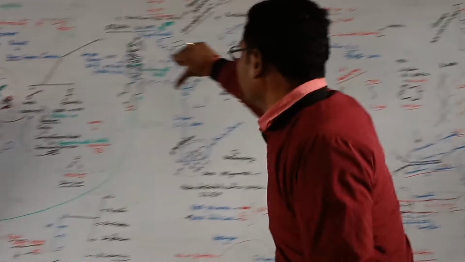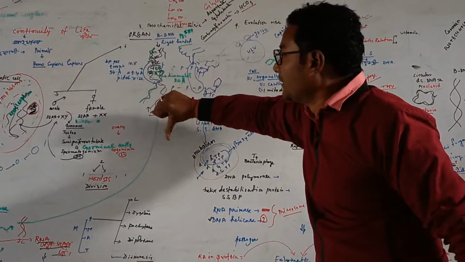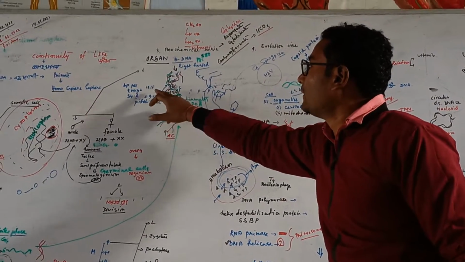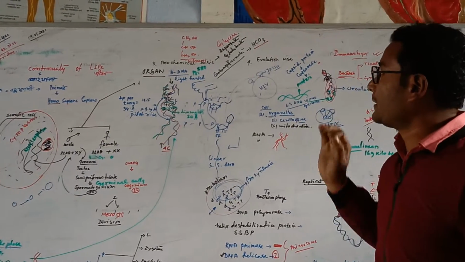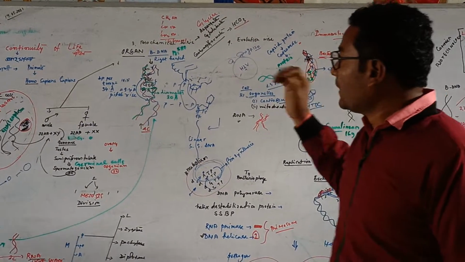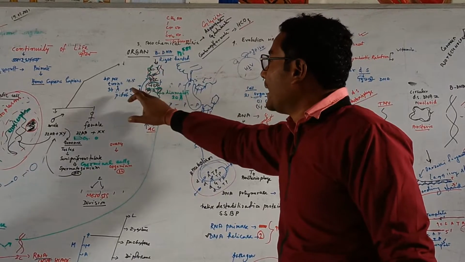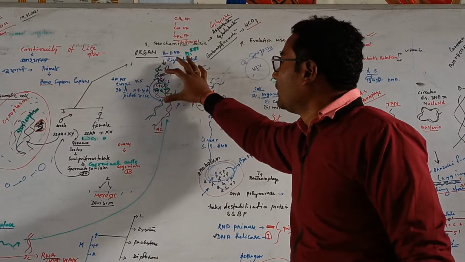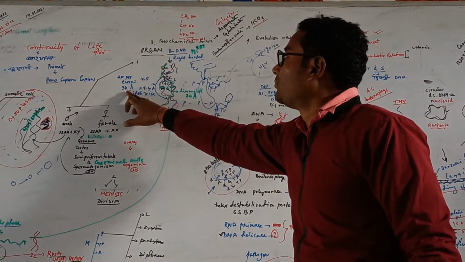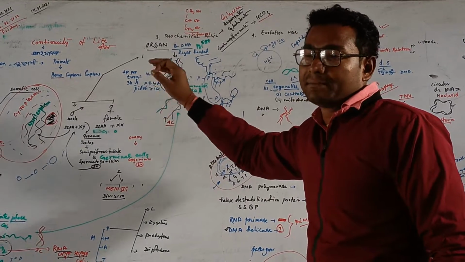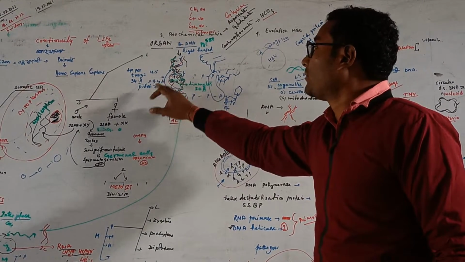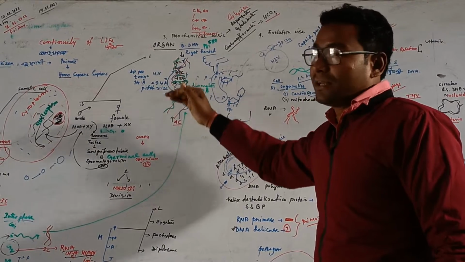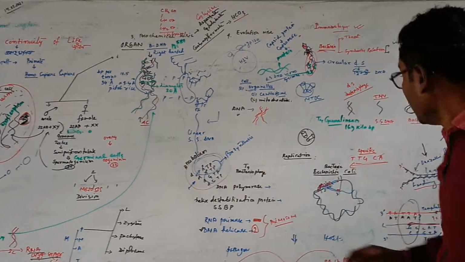Like this, you can easily understand it moves like this. It is a right-handed helix with 10.5 base pairs in a complete turn, and the total length of a turn is 34 angstrom. If you divide, it is 3.4 angstrom, the pitch rise between subsequent nucleotide pairs.